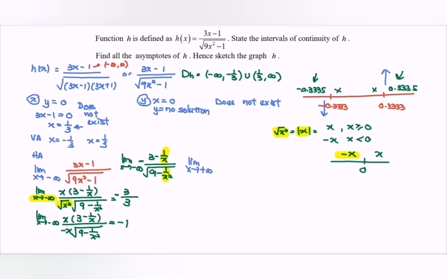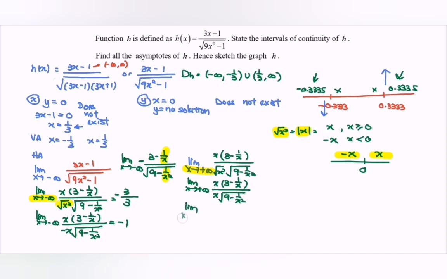So limit when x approaching positive infinity, for the situation, we have 3 minus 1 over x, over the square root of x squared, square root of 9 minus 1 over x squared. For this case, we have the positive infinity, meaning that towards the right, so make use of the x. So limit when x approaching positive infinity, here we have x times 3 minus 1 over x, over x, multiplied with the square root of 9 minus 1 over x squared.